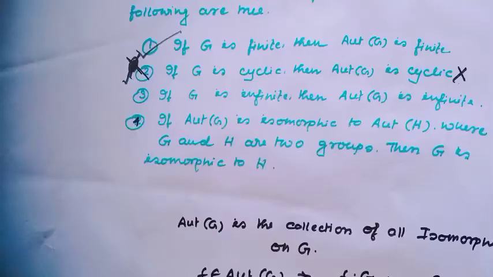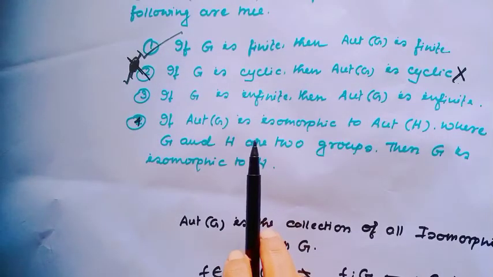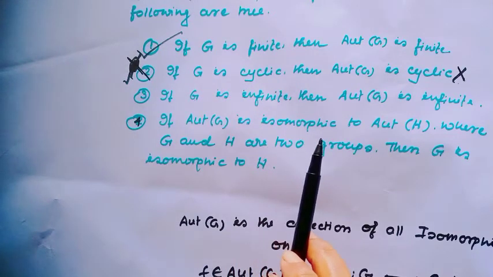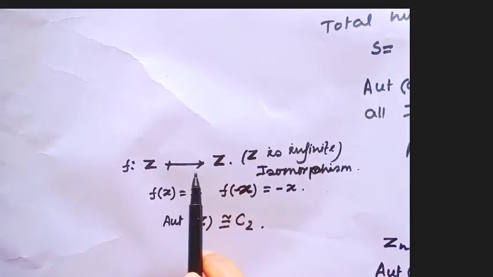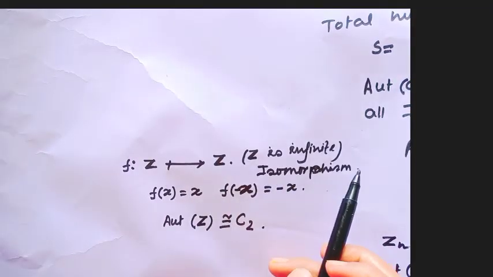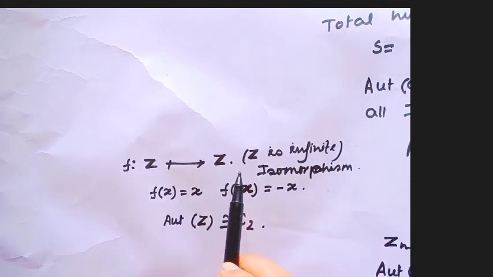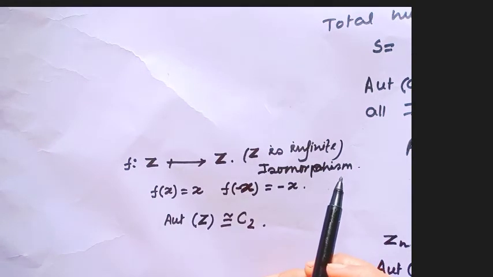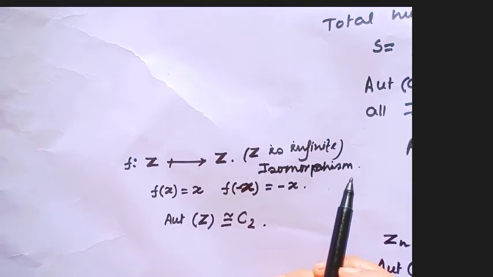Now let's verify the third option. The third option says if G is infinite, then Aut(G) is always infinite. Consider the mapping f from Z to Z, where Z is infinite. And we all know this is an example of an isomorphism. But what is the automorphism? An automorphism always maps a generator to a generator.